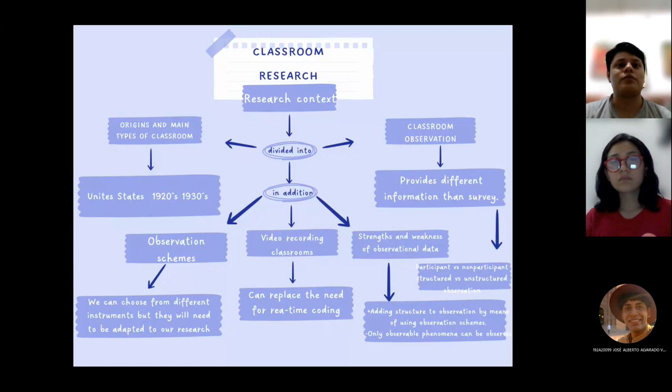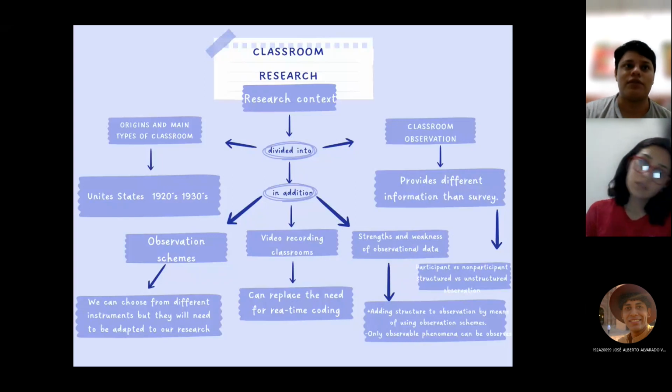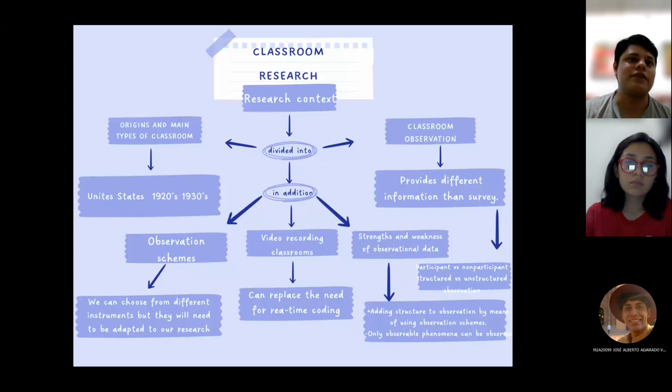Then we have the classroom observation. This provides different information than the survey. It's an observational method. Okay, we have the participant and non-participant observation, where the researcher takes part in the observation, and does not in the non-participant. Then we have the structured and non-structured observation.